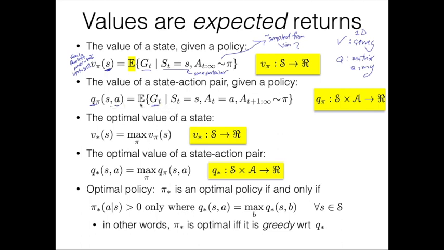It's the same thing: the expected return that we're going to get by being in some state right now, so where your robot is in the room, and then the action it actually takes. So this is the expected discounted reward going into the future of being here at this spot and moving forward, and then following your policy for the rest of time, sampling from this policy, whatever you have.